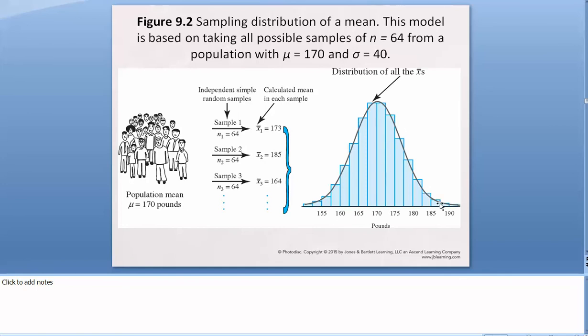You will get the mean of this histogram to be 170, and since n is 64, which is large, you'll have a bell curve, right? And the standard deviation of this will be 5, because when we calculated with sigma equal to 40 and n equal to 64, we got sigma over square root n to be 5. All right then, let's go to the next slide.